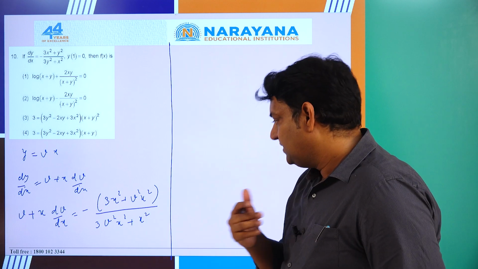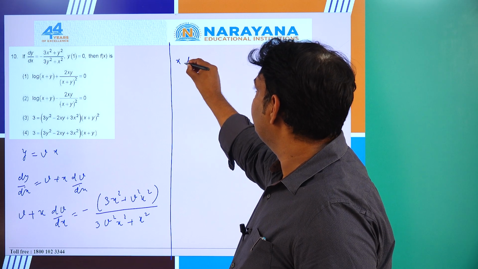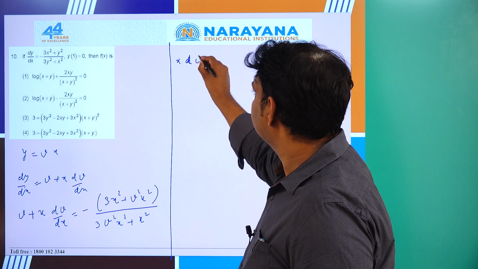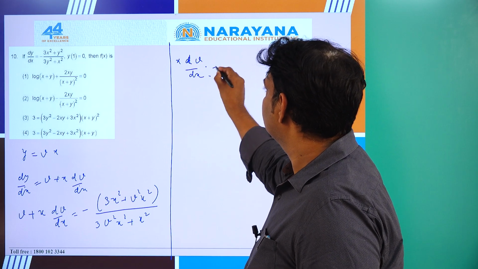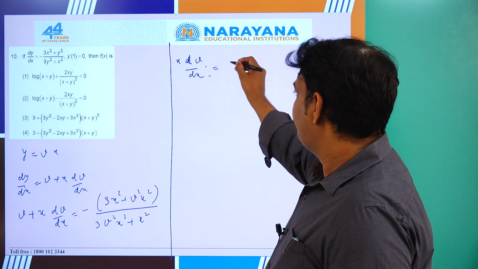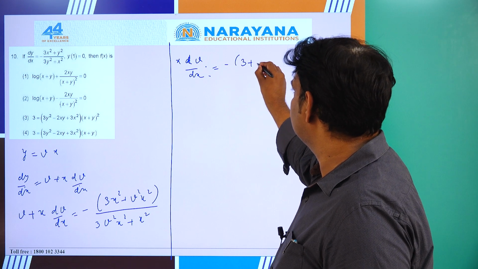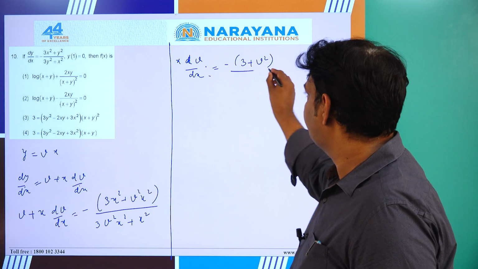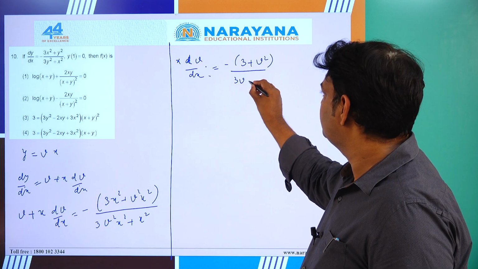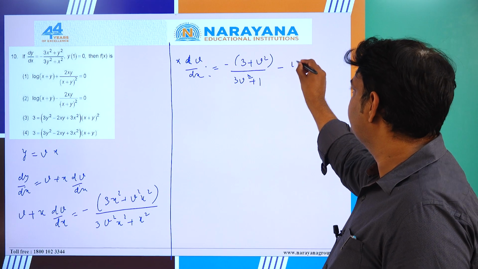What will you get? x dv by dx is equal to minus of 3 plus v square by 3v square plus 1, minus v.